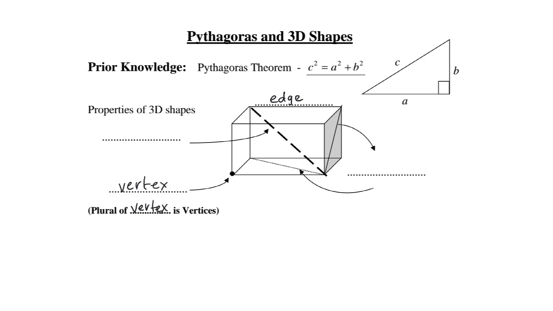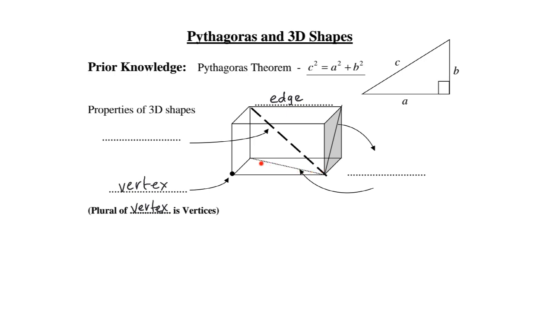Now, as for the dotted lines, this is where the 3D element of Pythagoras comes into play. The first line that I'm going to bring your attention to is this dotted one down here that goes from the back corner down to the front corner. You can see that that is a diagonal line that runs along a face.